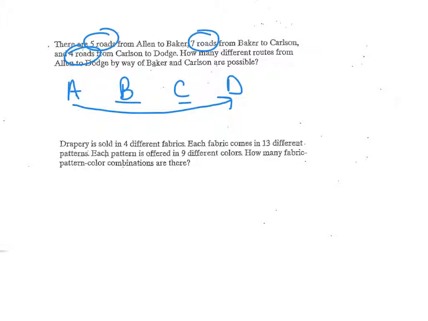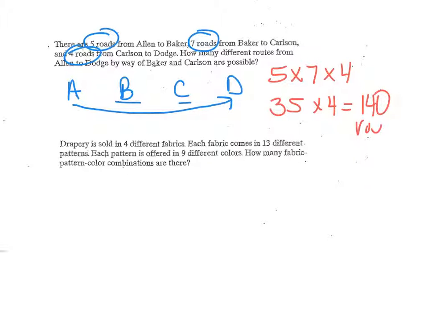To draw a tree diagram of this would be really, really big. So instead, we're just going to multiply 5 times 7 times 4. 5 times 7 is 35, and 35 times 4 is 140.